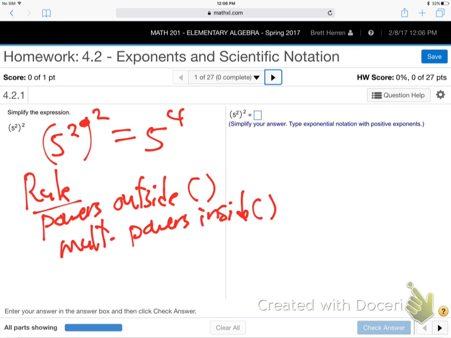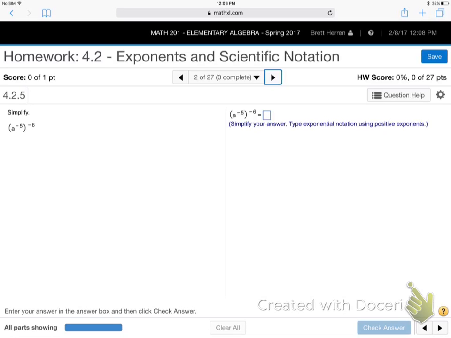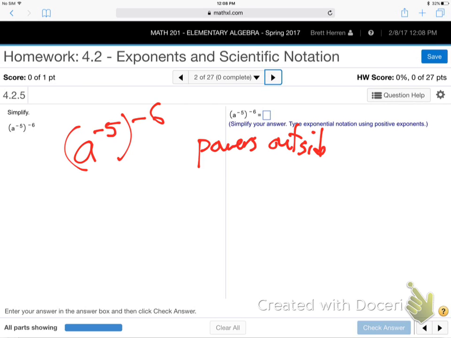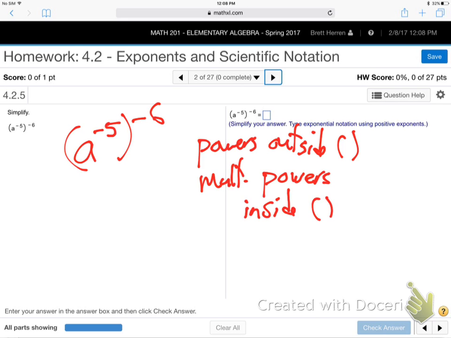Is that good there? Does that make sense? Let's try another one. So we have a 5 to the minus 5 to the minus 6. So would that be a positive 30? Yeah. So again, the rule is powers outside parentheses multiply powers inside parentheses.